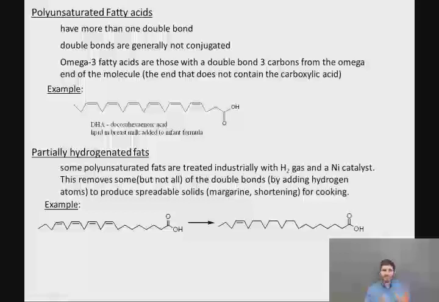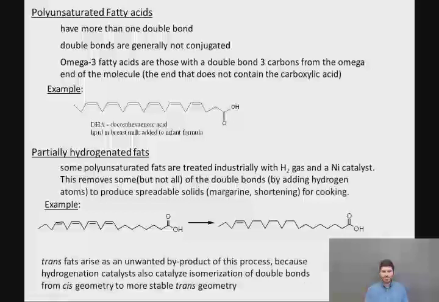But turning polyunsaturated fats into monounsaturated fats or less polyunsaturated fats, oligounsaturated fats if you like, is actually important because some of these molecules have the property that they are spreadable solids, such as margarine and shortening, and those are actually important for cooking and baking especially.